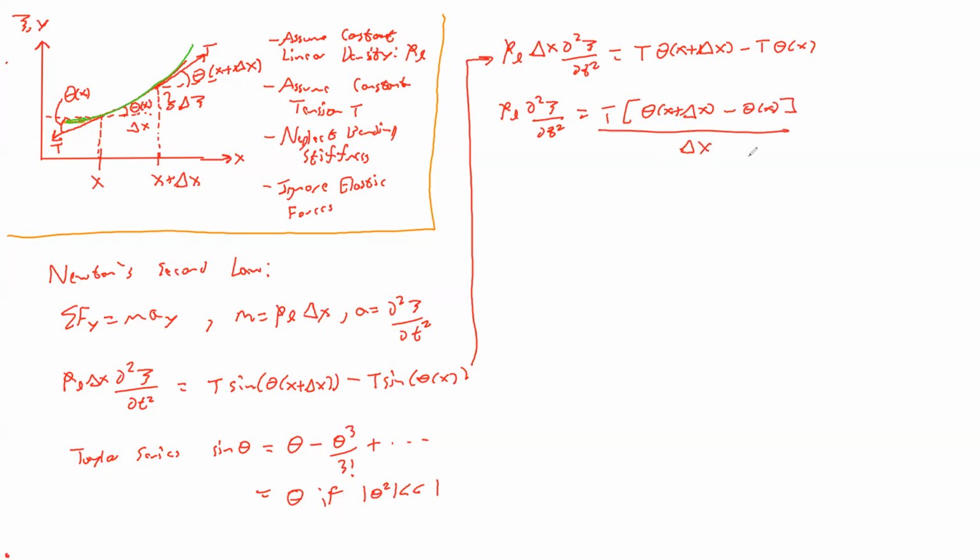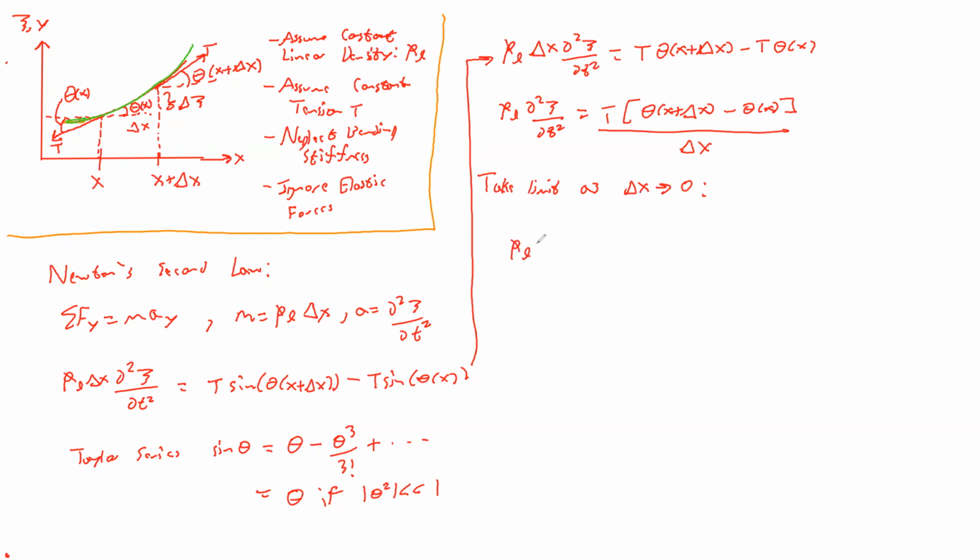Okay, lovely. Now, let's take the limit as delta x goes to 0 on both sides, but there's no delta x on the left side, so it's just on the right. And, well, if you think back to your calculus days, this is the definition of a derivative.